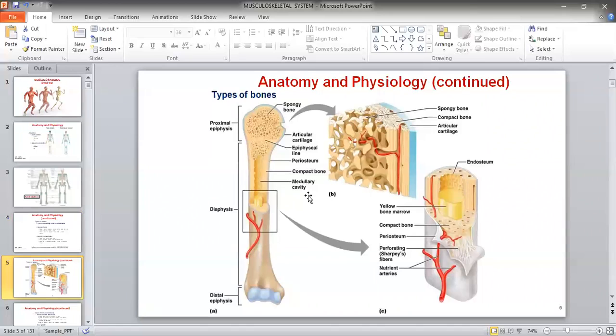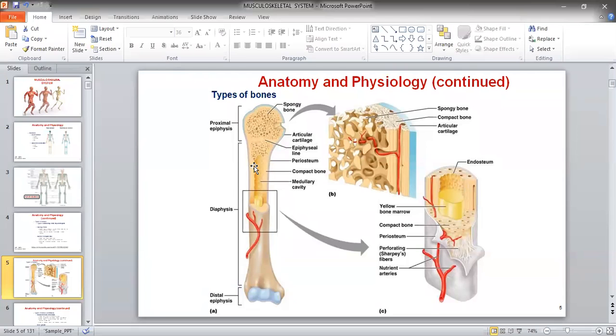So keep in mind, the bones are a type of connective tissue. They are connected to the other bones and muscle fibers via connective tissue such as tendon and ligament. So this is the picture. You can see the bones and the types of bones.